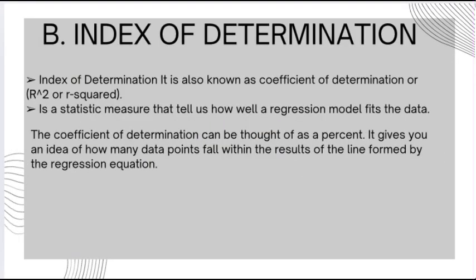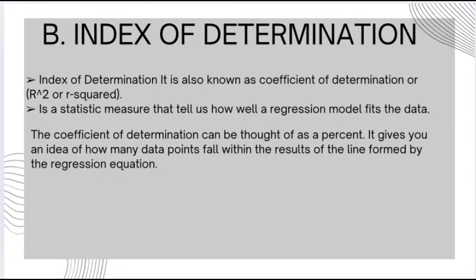So let's move on to my next topic, which is the index of determination. Index of determination is also known as coefficient of determination or R-squared. So index of determination is represented as R-squared. R-squared tells you how much of the variation in one variable is explained by the variation in the other variable.